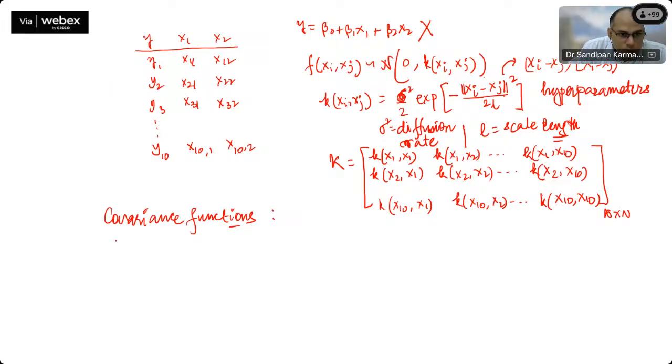So the first one is the radial basis function. The second one is the Laplace function.